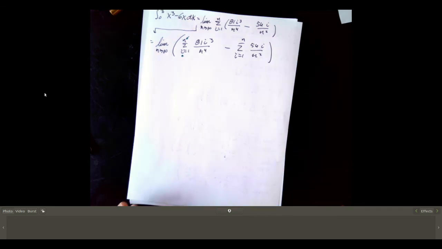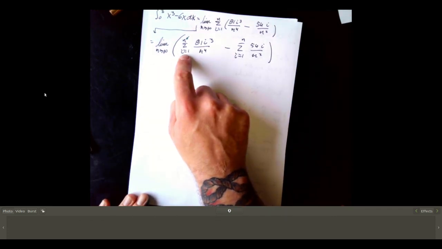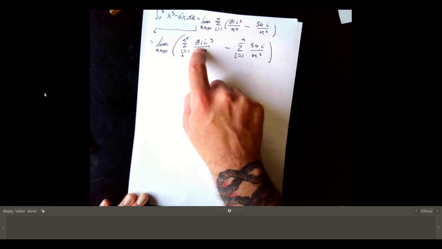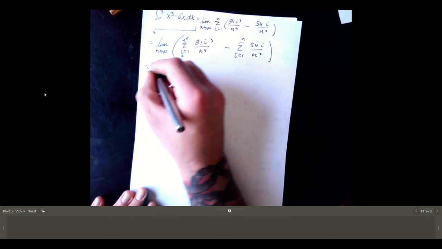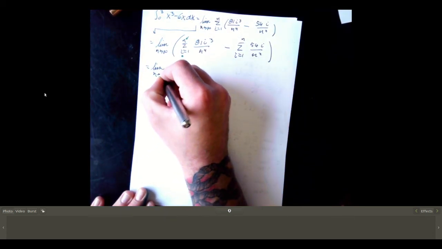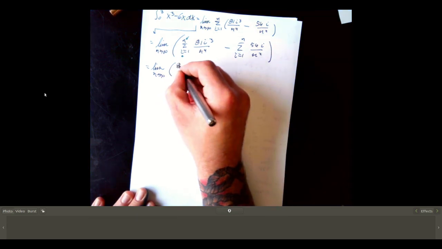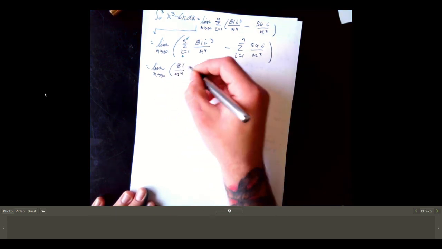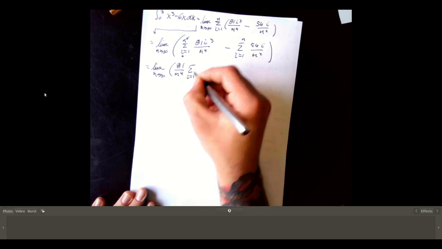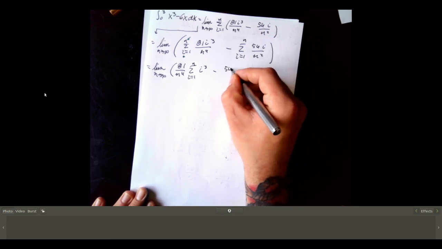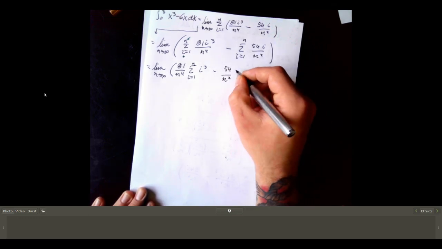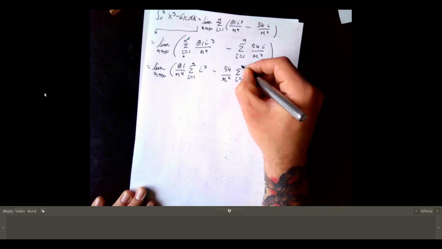You cannot pull an i in front of this sum. You can pull anything that is not an i. So you can pull constants up and out, and you can pull this n up and out. By that I mean we can turn this into the limit as n goes off to infinity of 81 over n to the fourth times the sum from i equals 1 to n of i cubed minus 54 over n squared times the sum from i equals 1 to n of i.